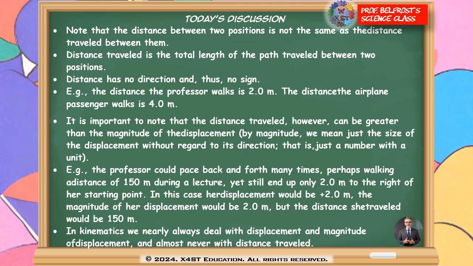In this case, her displacement would be plus 2 meters, and the magnitude of her displacement would be 2 meters, but the distance she traveled would have been 150 meters. In kinematics, we nearly always deal with displacement and magnitude of displacement and almost never with distance traveled.